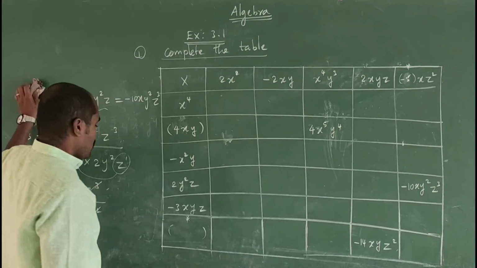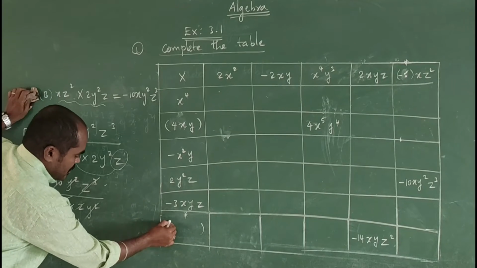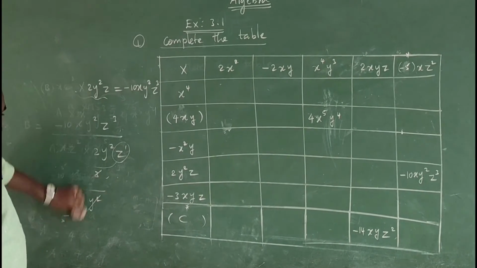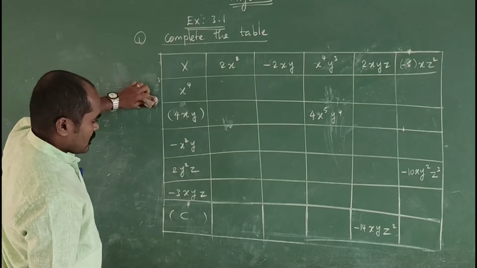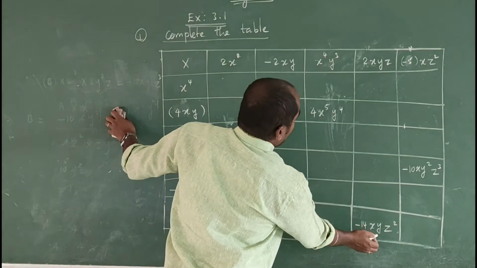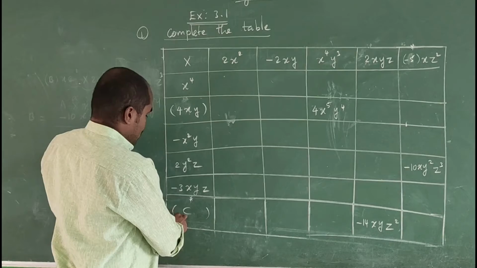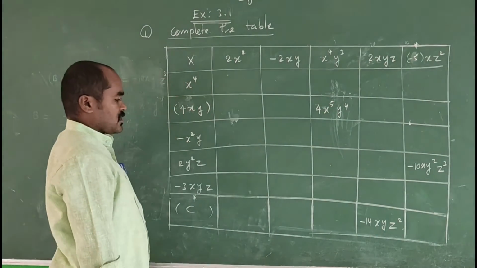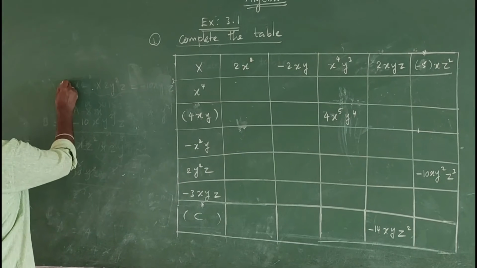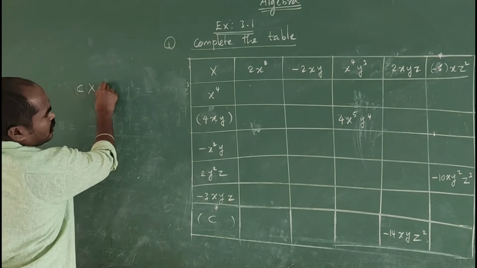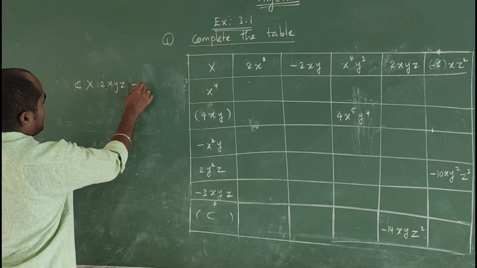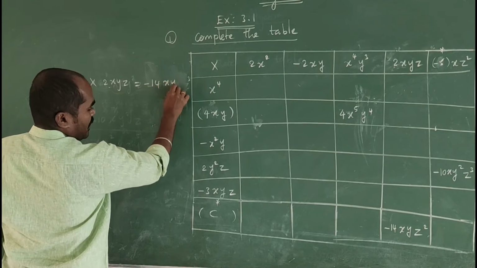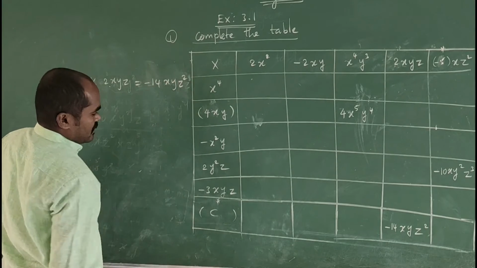And next our unknown term, take this as c. Unknown term is c. So last row, fifth column. So c into 2xyz, we get minus 14xyz square. So c into 2xyz is equal to minus 14xyz square.